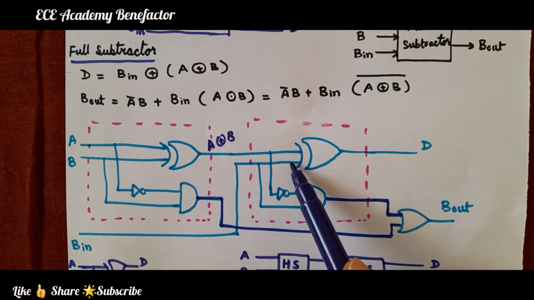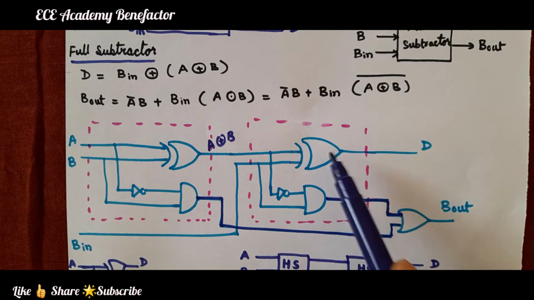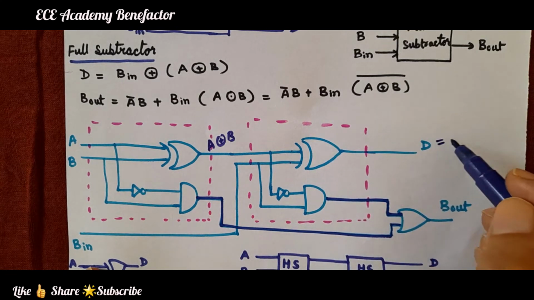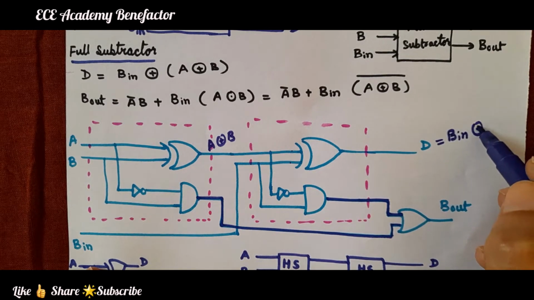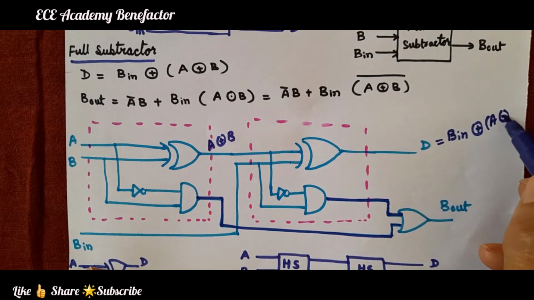So A XOR B and B in are coming to this XOR gate to get B in XOR A XOR B.